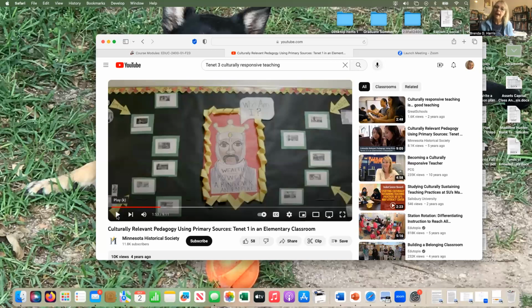So do you see that's actually criticality right there? She's doing a couple things at once. Number one, she is focusing on high levels of academic achievement. As you'll see, she talks more about her lesson and unit, and the reason she brings kings in is she's doing higher order thinking skills.